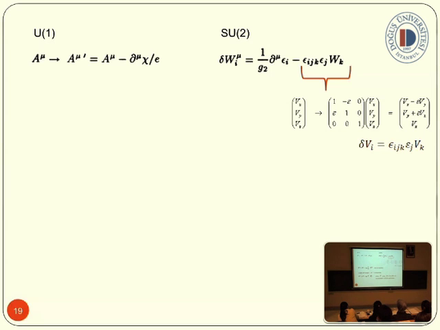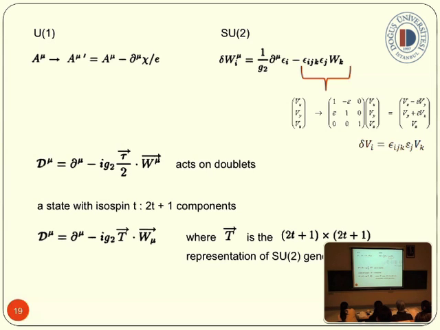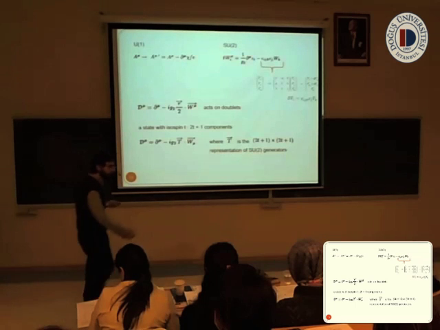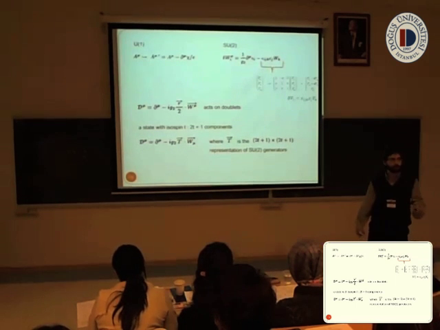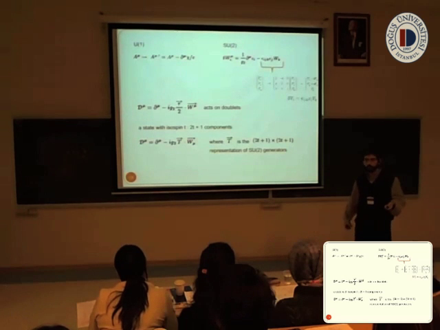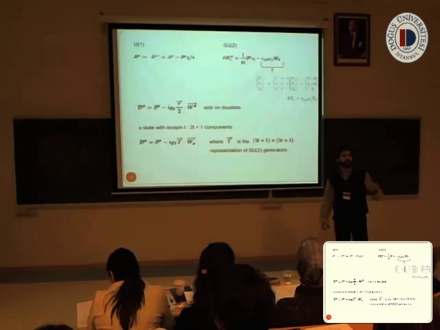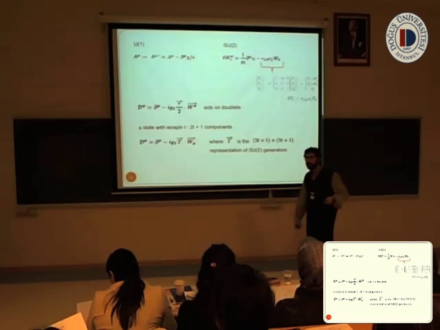Because when we replace the derivative by the covariant derivative in the Lagrangian, we will have these interaction terms between the fermions and the gauge bosons. Now, for spin, you know that you can have spin 1/2, spin 1, and so on. So you can have 2-component objects, 3-component objects, in general 2s plus 1 components.